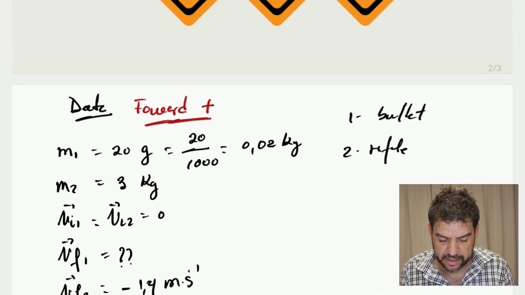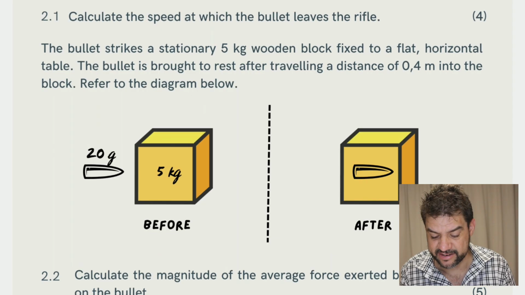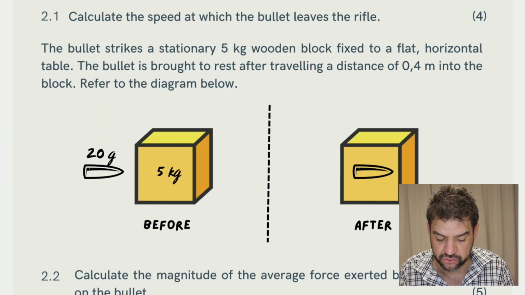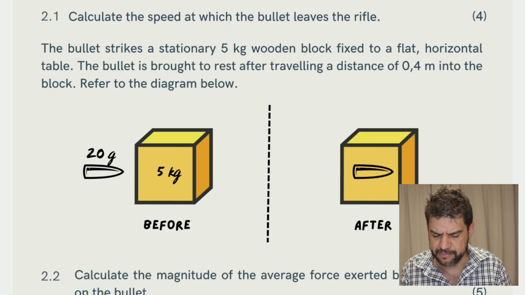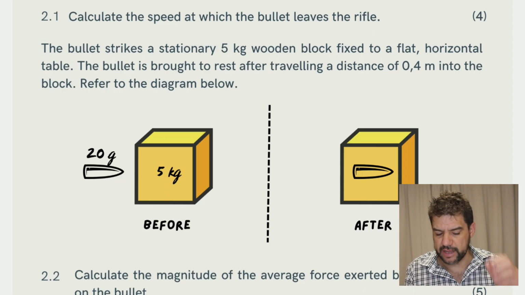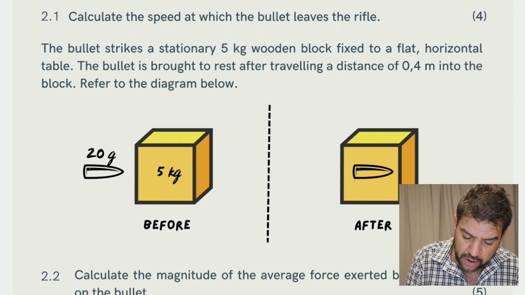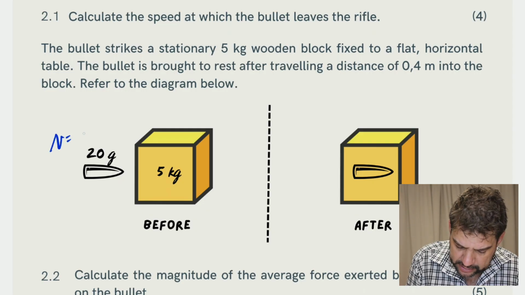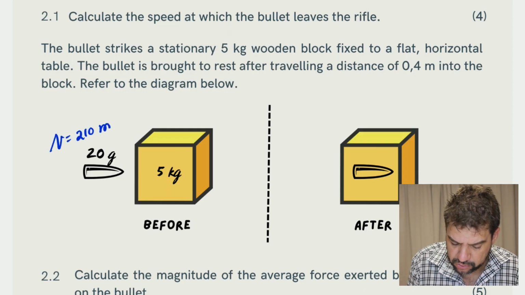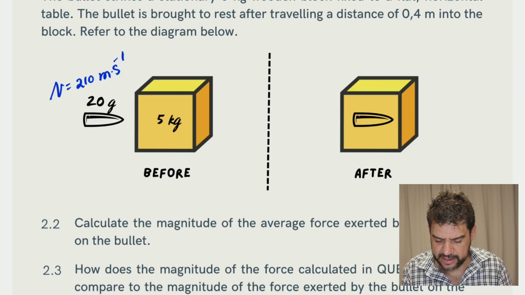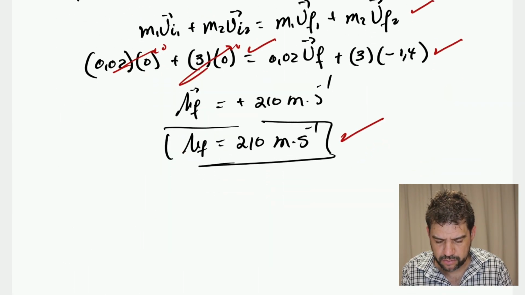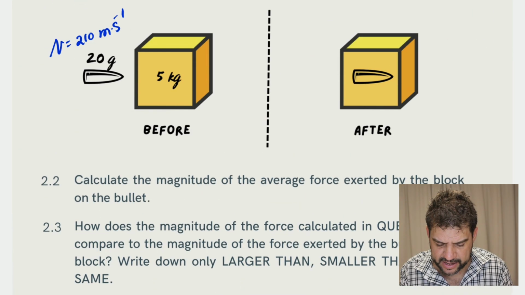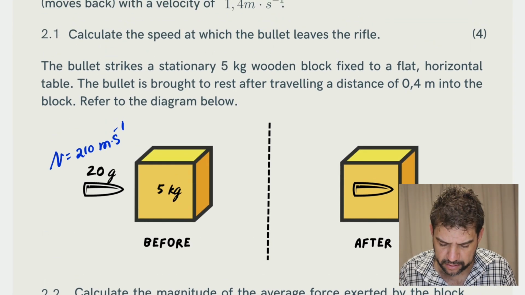Quite simple. The next question says the bullet strikes a stationary 5 kilogram wooden block fixed on a flat horizontal table. So there is a wooden block, and that bullet, after leaving the rifle with a speed of 210 meters per second, because we calculated it just now, strikes that specific wooden block of 5 kilograms.